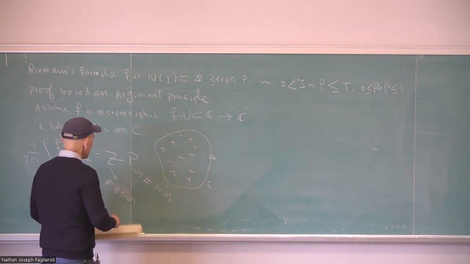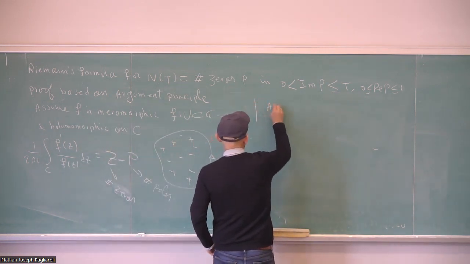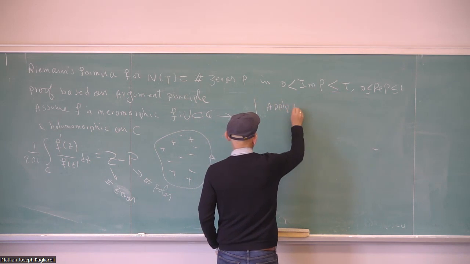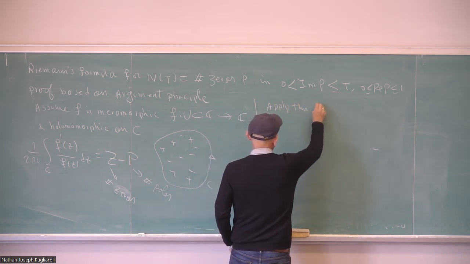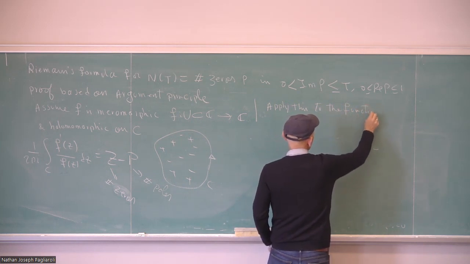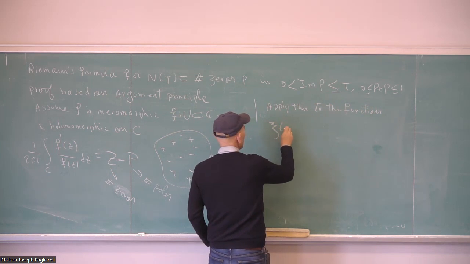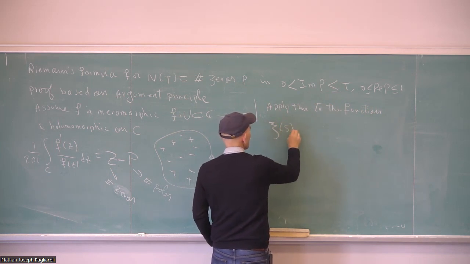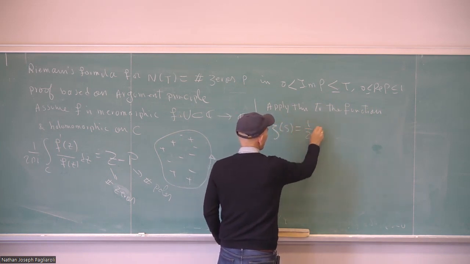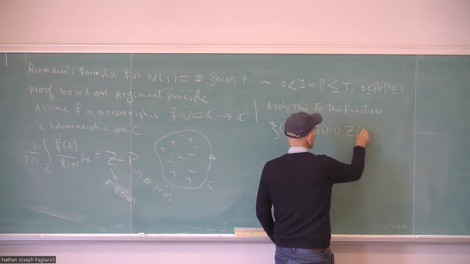Anyhow, so you use this, and then apply it to the function. There is one function which is called xi of s, which is 1/2 s (1 minus s) times zeta of s.